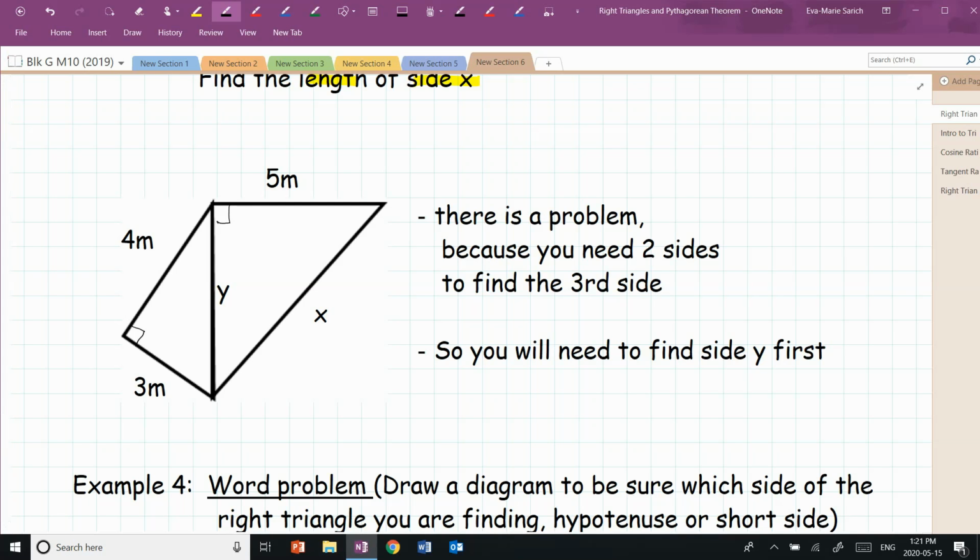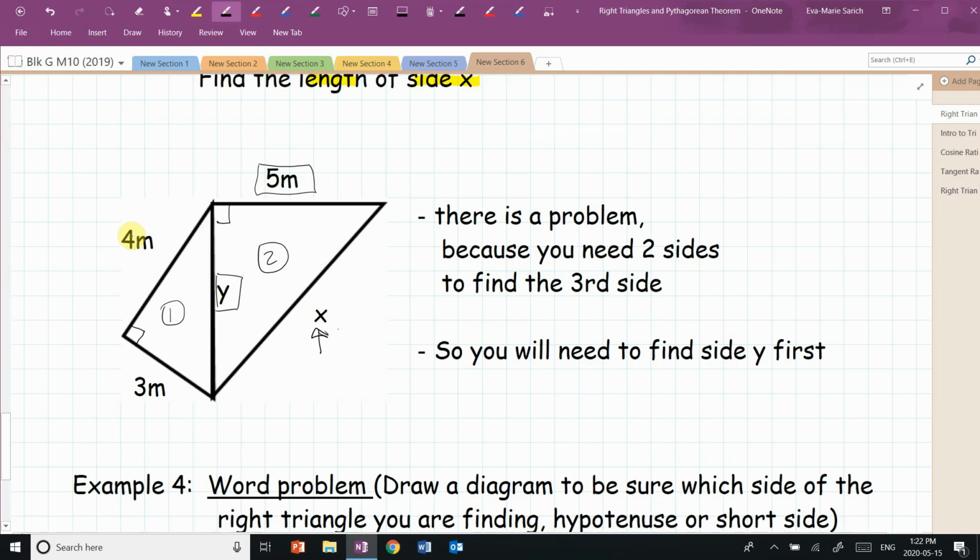Okay. Now, if we want to find side x, we need to know the length of the other 2 sides. So we've got 5, but the other side is y. We don't know what it is. So we can't have 2 unknowns and be able to figure out what the missing side is. But what we do have is that this side y is common between the first triangle and the second triangle.